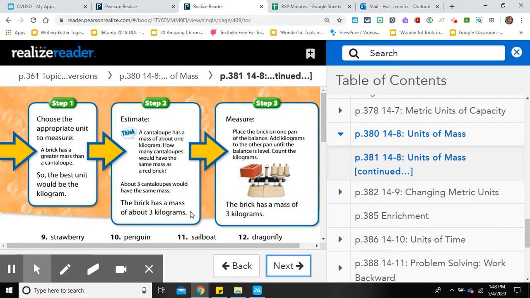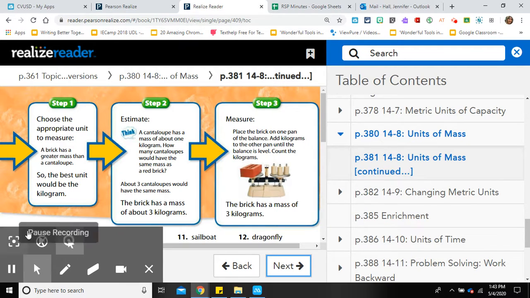So that means we could stick 3 cantaloupes onto one side of a balance like this, and it would weigh about the weight of a brick. So 3 cantaloupes to 1 brick. They're giving you an idea of how much a brick would weigh.